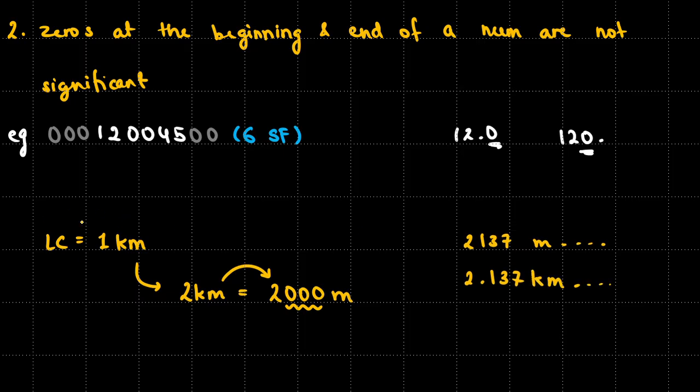Since the least count is 1 kilometer, it will never be able to measure this part, which means when converting, this will be the actual measurement. But here, the 3 zeros are just placeholders when converting the units. So that's what I'm talking about when the zeros at the end and the beginning are not significant. I hope you understand. If you didn't understand, rewatch this and try to clear it up for yourself.